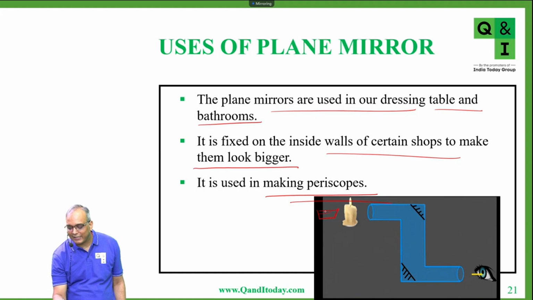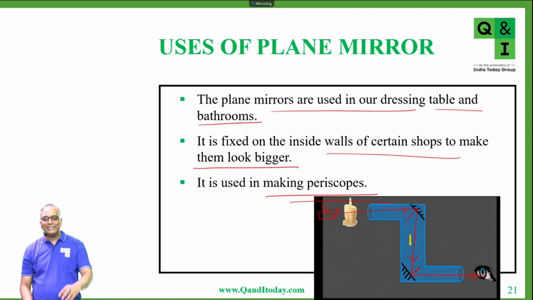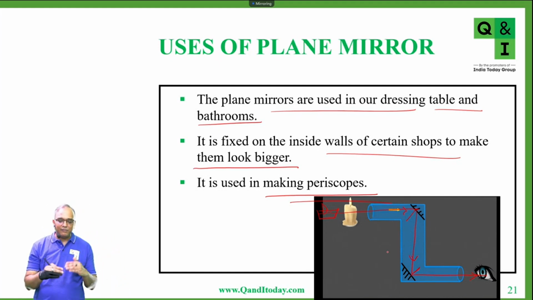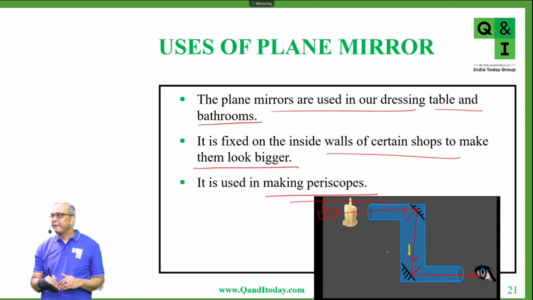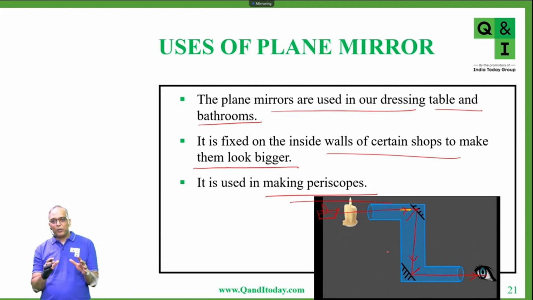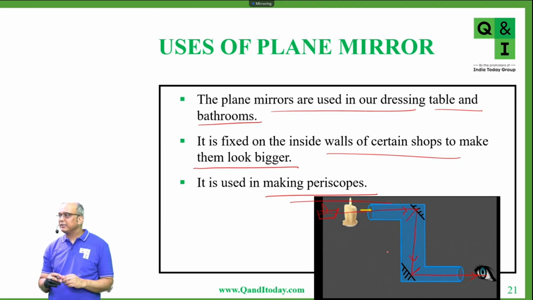The light ray coming from this enemy ship, the incident ray, will get reflected here, and then it will further get reflected at this point. And the observer will be able to see that enemy ship even from the submarine which is inside the water. So this is one of the uses of the periscope. Are you able to understand what a periscope is and how it works?